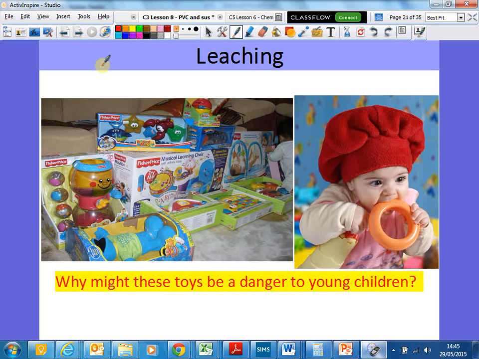So if it gets squeezed by a baby's mouth, where do we think that the phthalate is going to go? And do we think that is going to be good for that child? Phthalates are toxic. Is it going to be good to put these toxic chemicals into this child?